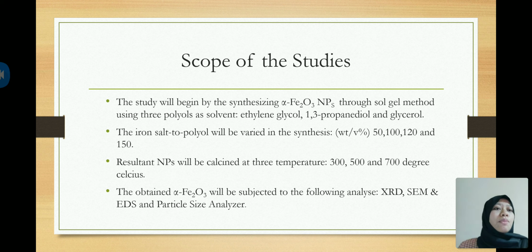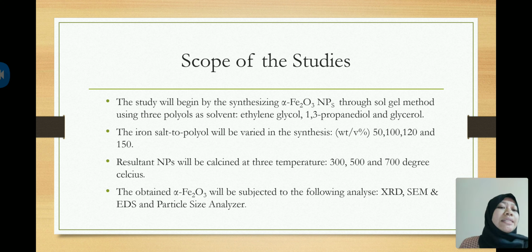The scope of the study begins with synthesizing alpha iron oxide nanoparticles through the sol gel method using three polyols, which are the solvents: ethylene glycol, 1,3-propanediol, and glycerol. The iron salt to polyol ratio will be varied in the synthesis, weight over volume percent, which is 50, 100, 120, and 115.